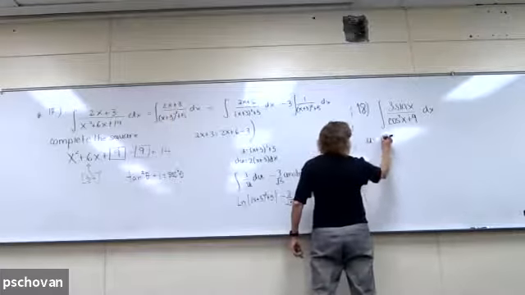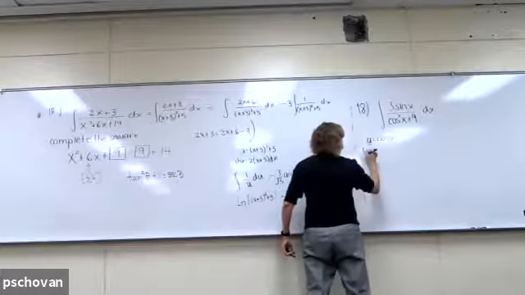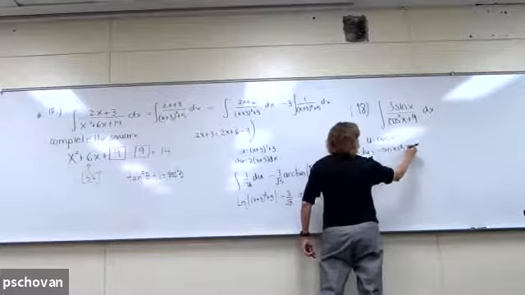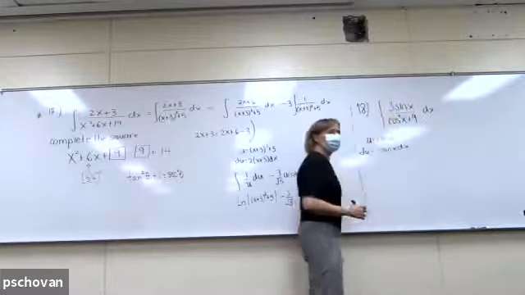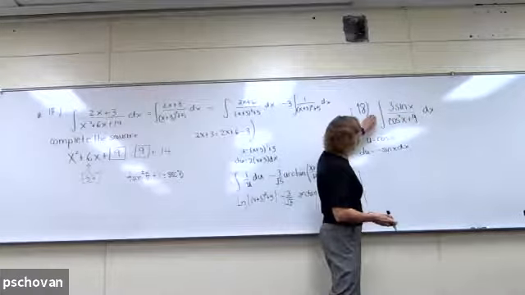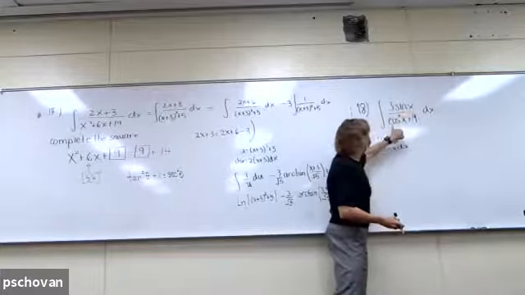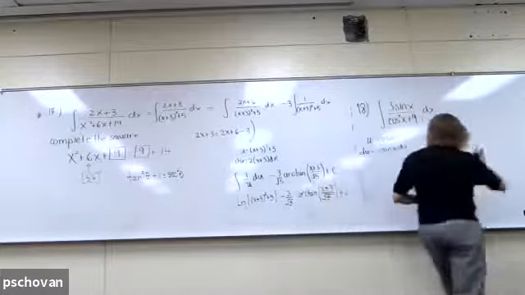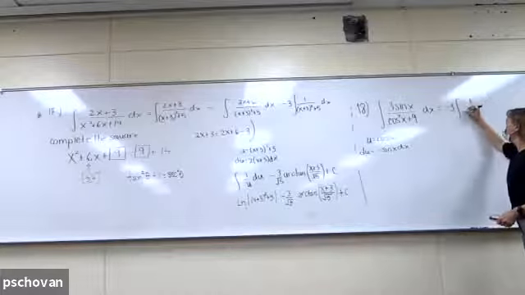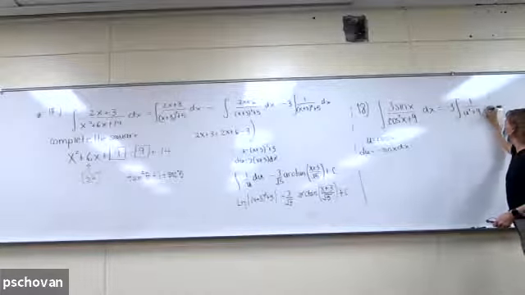If u is equal to the cosine of x, du is minus the sine of x. So I'll put a minus sign out there and get the 3 out of the way by pulling it out. So we're going to have minus 3 out front. Then this is du over u squared plus 9. And there's your arctangent integral.